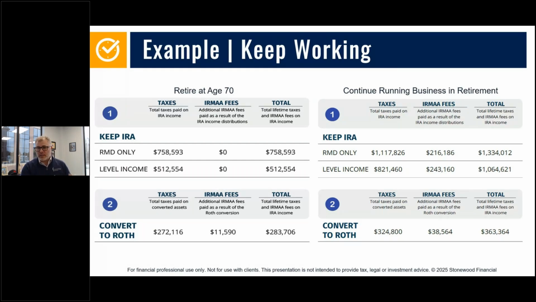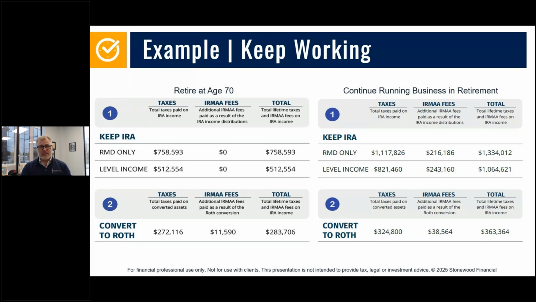If we just continue running the business and that IRA just stays there and continues to grow, now because I'm working, I'm in a higher tax bracket, and now I've got Social Security mixed in, and I'm still making all that money from the business. I talked to so many financial advisors as business owners who wanted to keep working. And now I'm paying a heck of a lot more IRMAA surcharges.